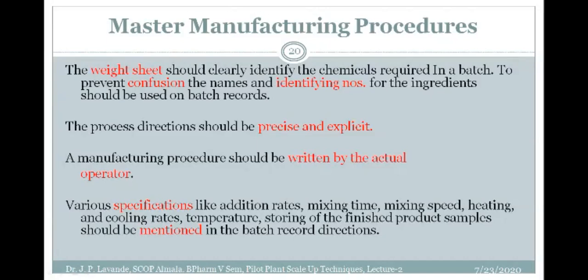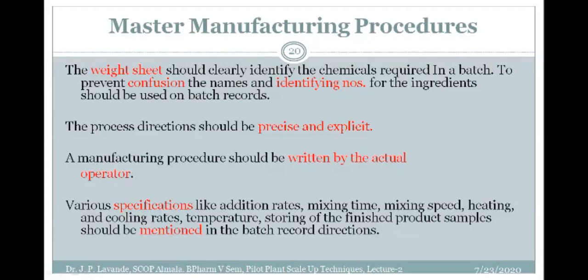At the same time, if two different equipments or two different ingredients have similar names, then sometimes by mistake, if we change a single alphabet, that may totally change the ingredient, which ultimately affects the products. So this is most important, that we should have the identifying numbers as far as the ingredients are concerned.